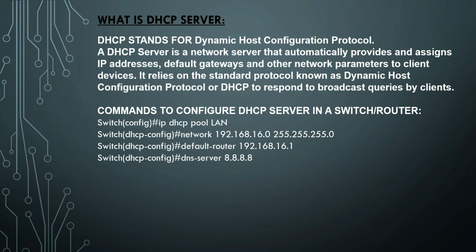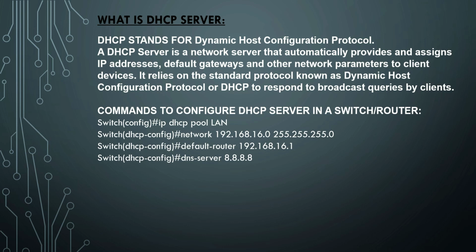So what is a DHCP server? DHCP stands for Dynamic Host Configuration Protocol. A DHCP server is a network server that automatically provides and assigns IP addresses, default gateways, and other network parameters to client devices. It relies on the standard protocol known as Dynamic Host Configuration Protocol, or DHCP, to respond to broadcast queries by clients.